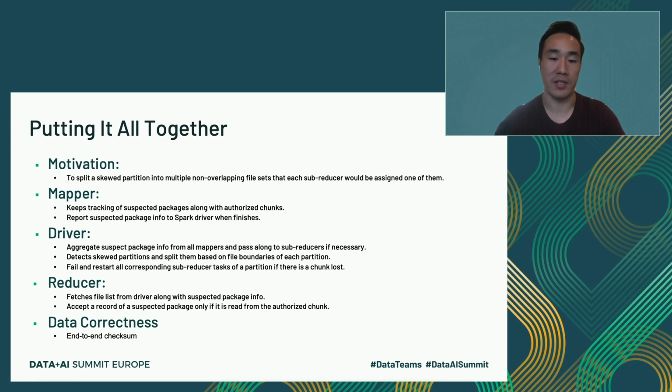Once the mapper phase is done, the Spark driver will detect skew partitions based on mapper status and split skew partitions based on file boundaries of each partition. Each reducer would fetch a list of chunks to read, along with the suspect package info of the partition. It would accept a record of a suspect package only if it is read from the authorized chunk.